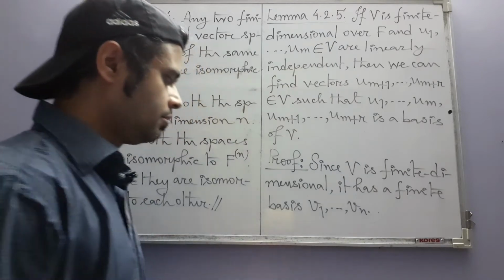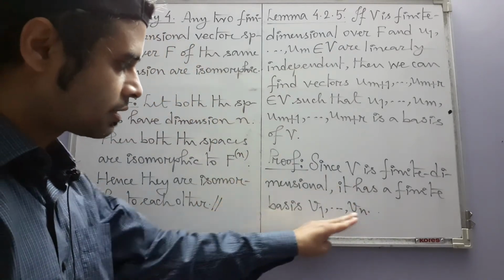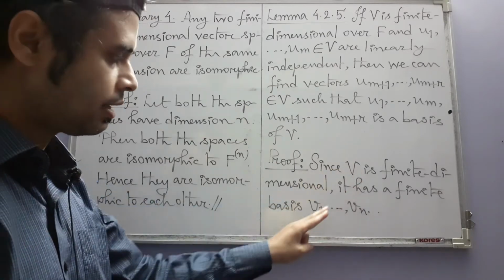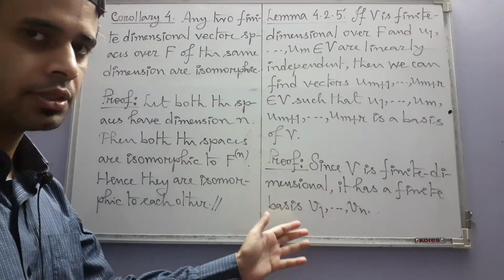Now, being a basis, it has two properties. These vectors span V and they are linearly independent. We are going to now use the span part.